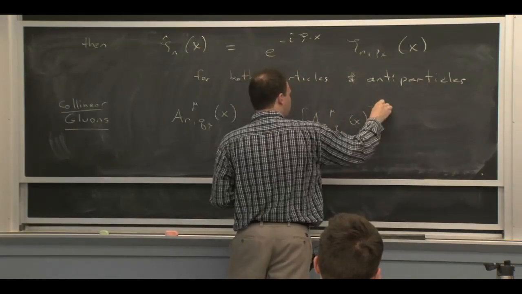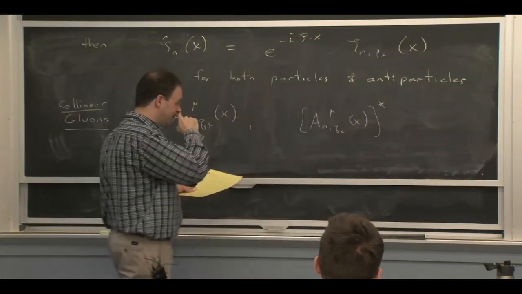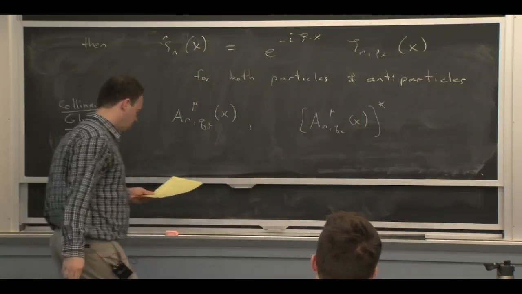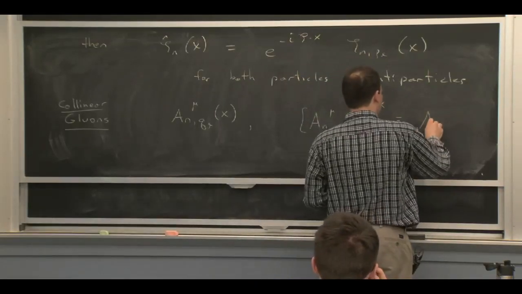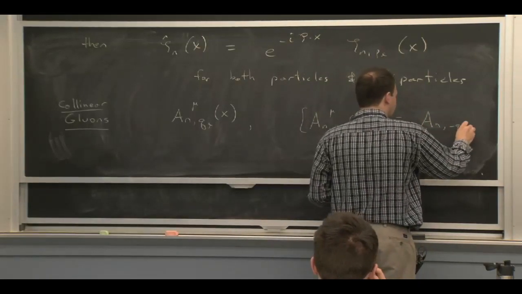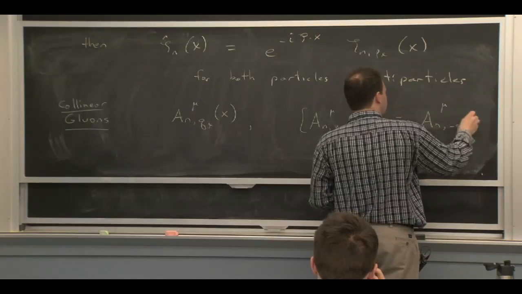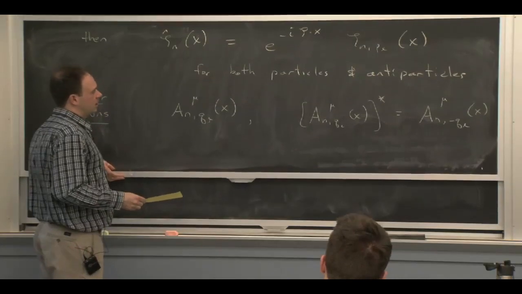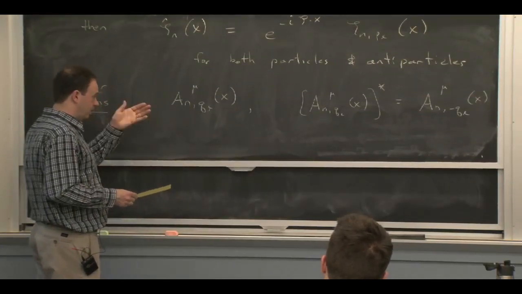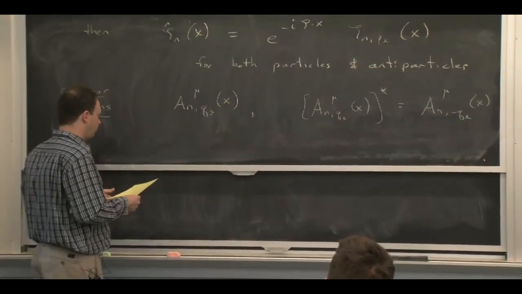And if you work out, using the type of mode decomposition and notation that we're doing, what that means is that this star of this guy just flips the sign. So that's what hermiticity of the original field becomes for this notation.